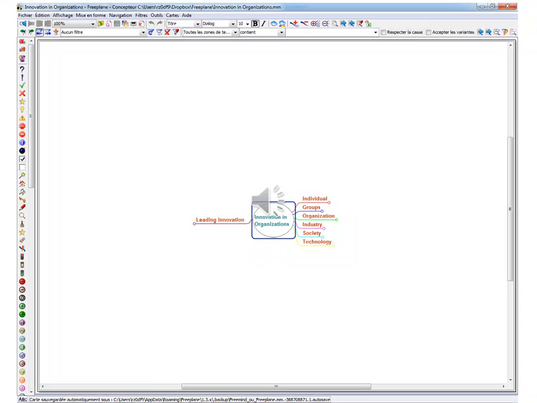So what has been done is to order all the different information and summarize all of it in mind mapping software in order to be able to use it easily.